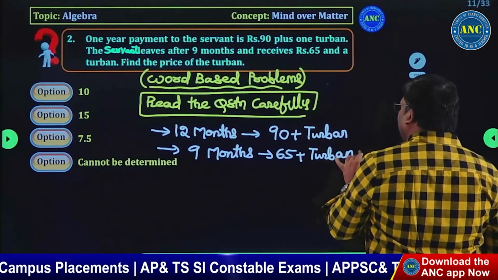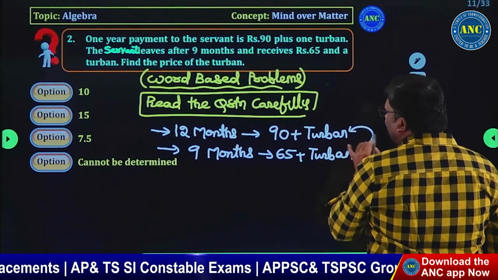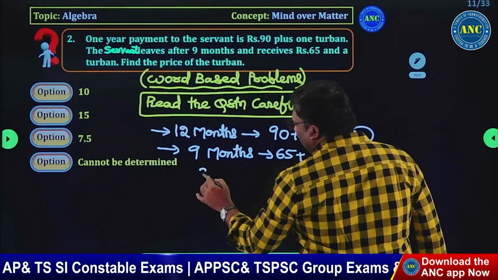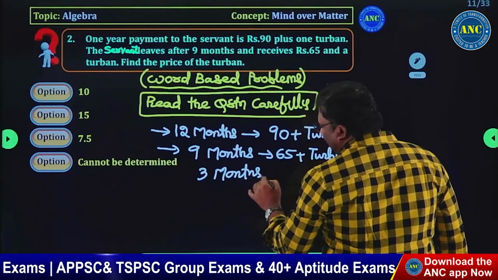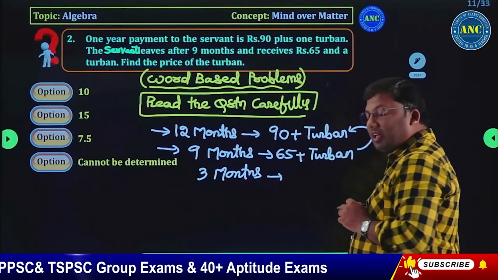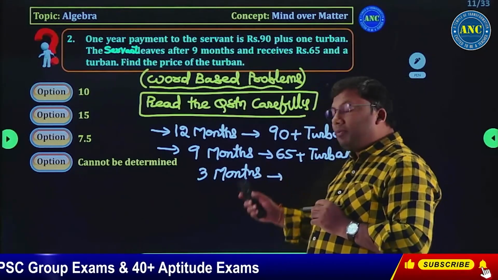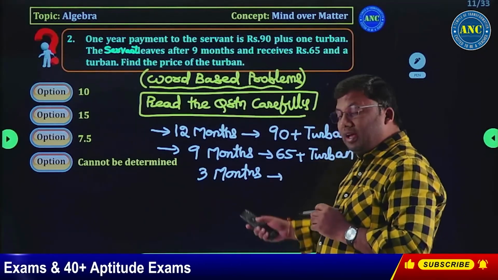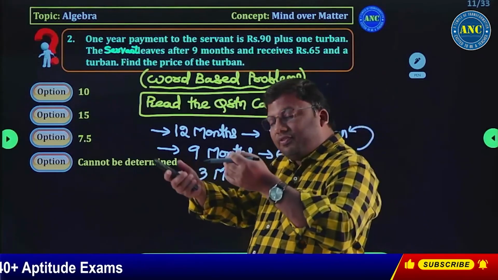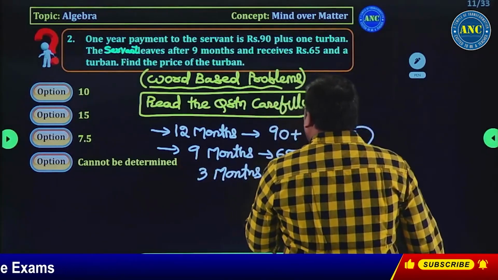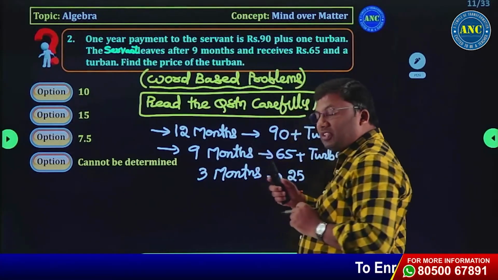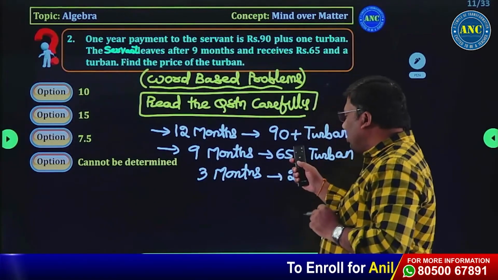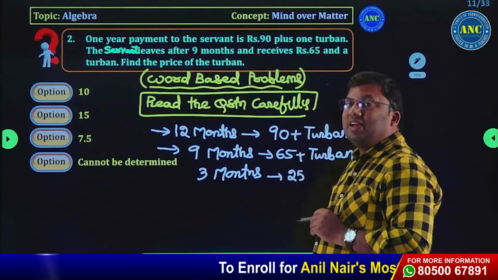That means if he would have continued for another 3 months, for 9 months he has got 65 plus turban, for 12 months he got 90 plus turban. If he would have continued for another 3 months, he would have got 25 rupees more. 9 months plus 3 months is 12 months. 65 plus 25 is 90.